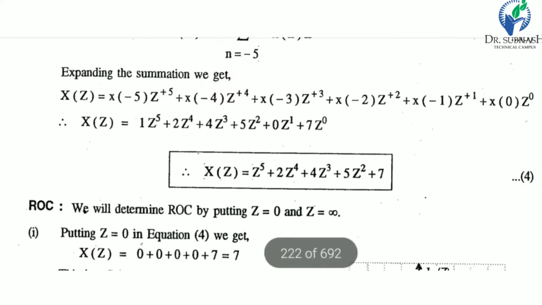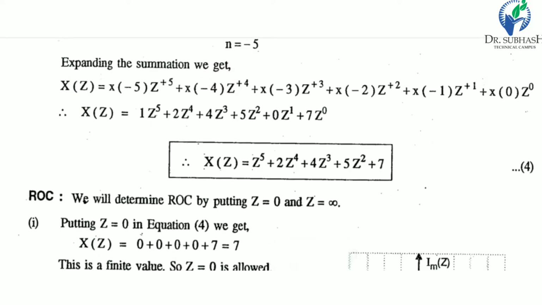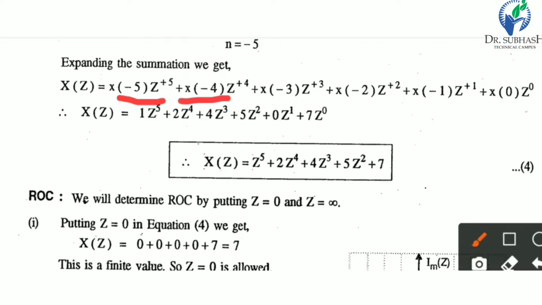We get X(z) equals x(minus 5) z raised to plus 5, plus x(minus 4) z raised to plus 4, plus x(minus 3) z raised to plus 3, plus x(minus 2) z raised to plus 2, plus x(minus 1) z raised to plus 1, plus x(0) z raised to 0.